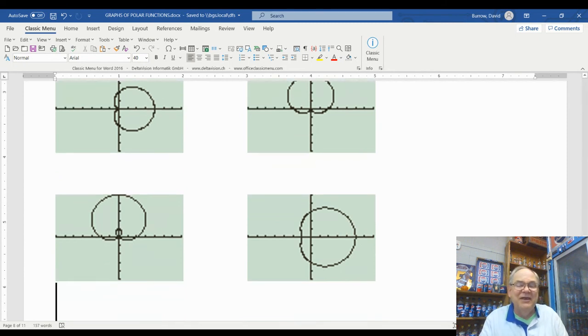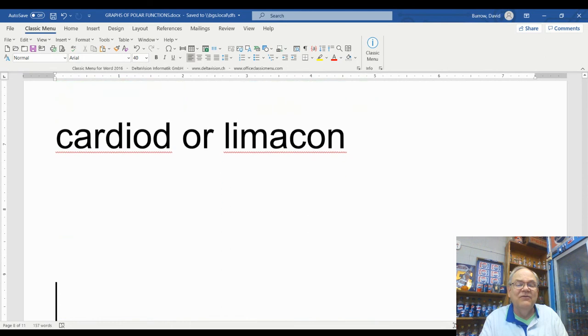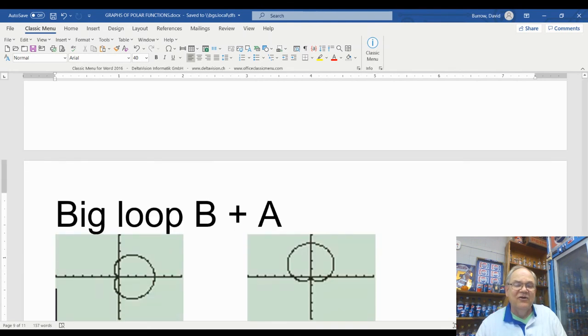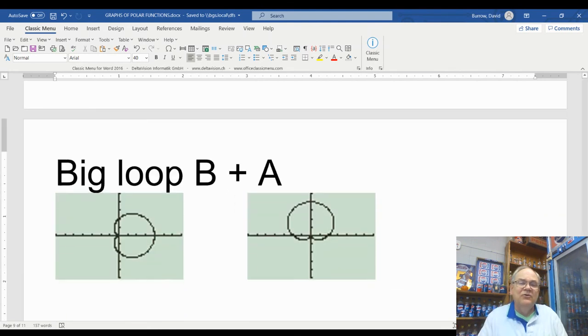But they basically both come from the same type of equation and they are the same type of graph. Both of these have a big loop, and then they either have an indentation or a small loop. And you can always figure out how far out the big loop goes by adding together the two numbers in the equation.